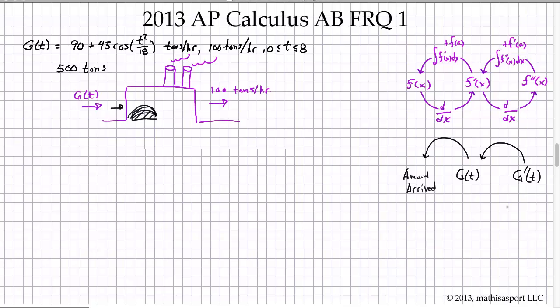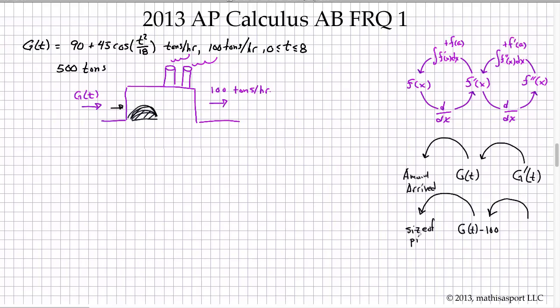And so you could imagine another application of the fundamental theorem that looks more like this, okay? Where the rate becomes how much is entering minus how much is leaving. Then the question is, what's the integral of that? And this would be the size of the pile.